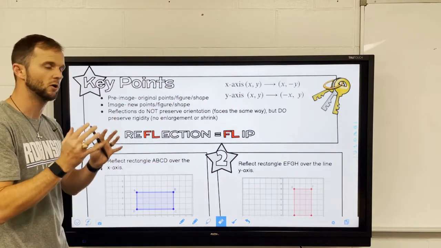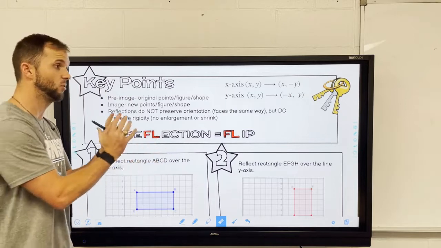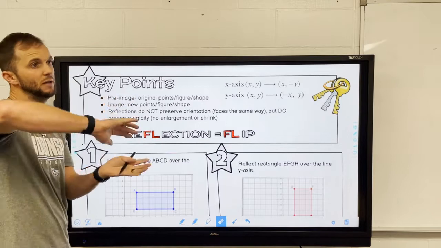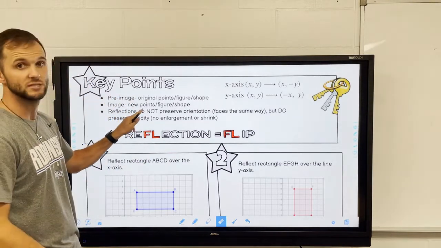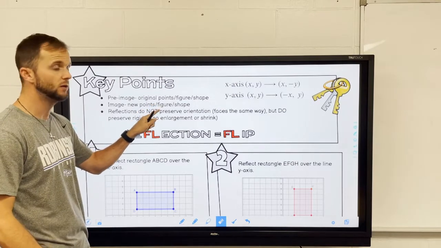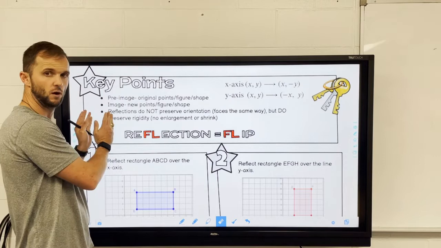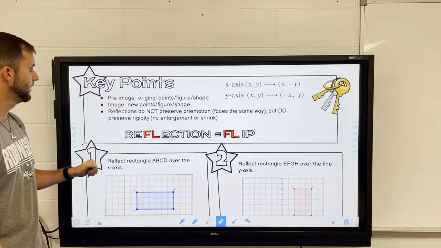So it's what you started out at. The image is the after. So you have your pre-image, the before, and then after we do the transformation, your image is what comes out at the end. So the image is the new set of points, your new figure, or your new shape. So remember, pre-image, before; image is what comes after the transformation, okay?